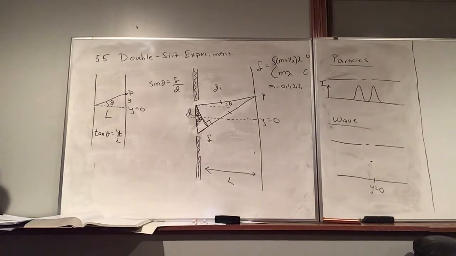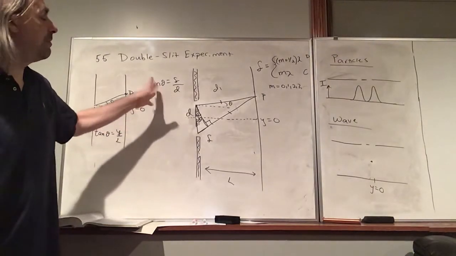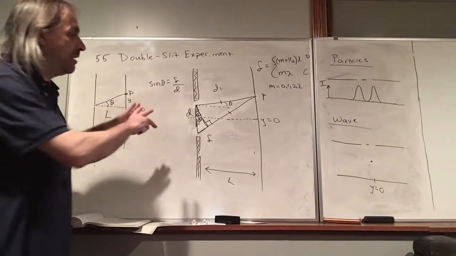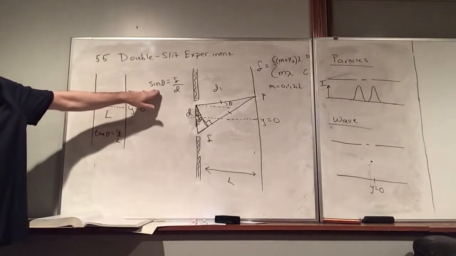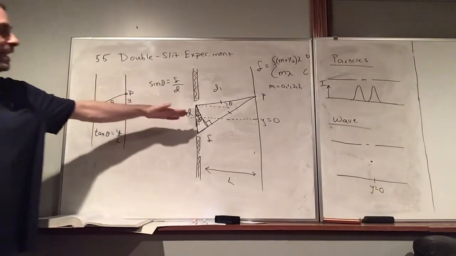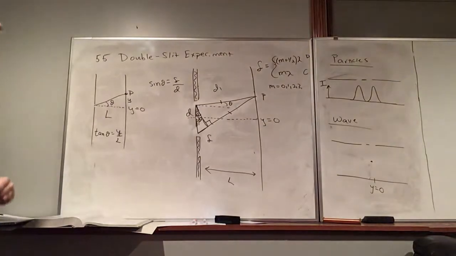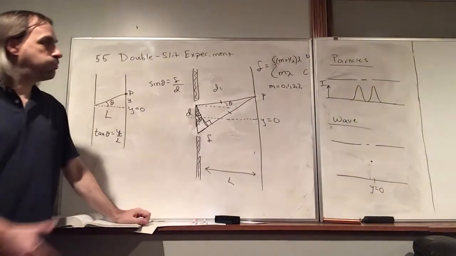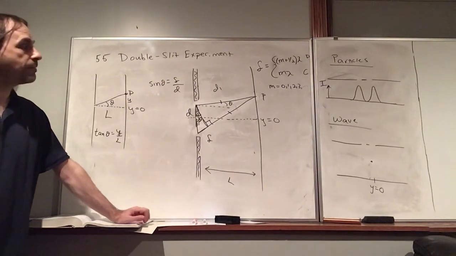So we can kind of put this together. Actually, I don't want to combine these, though we could, just in the interest of preserving room. We've got our condition now for any given angle from our double slit to the screen. We can see the conditions for constructive or destructive interference.